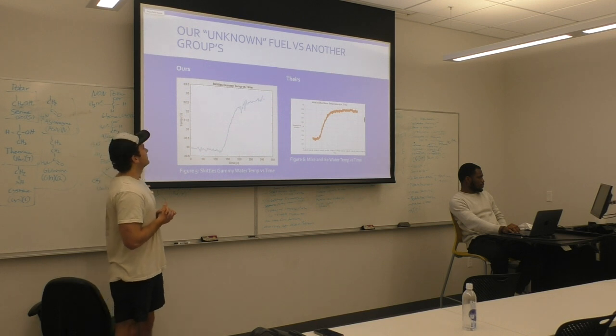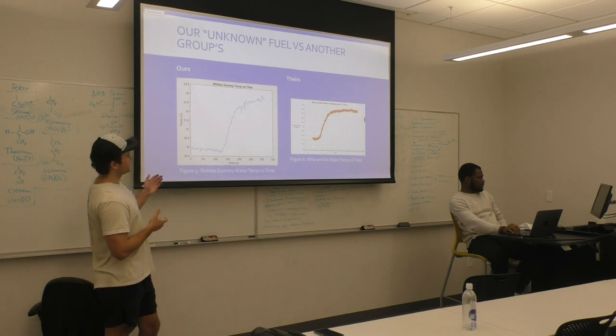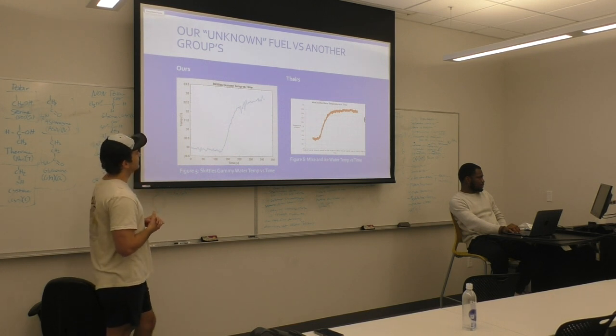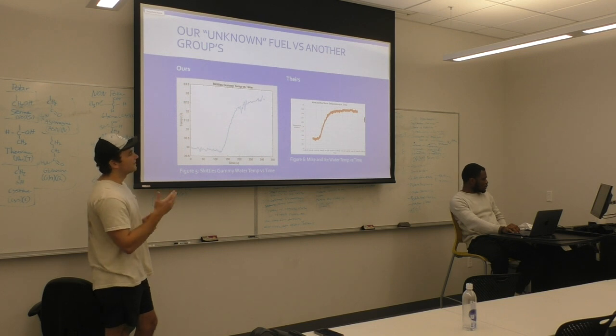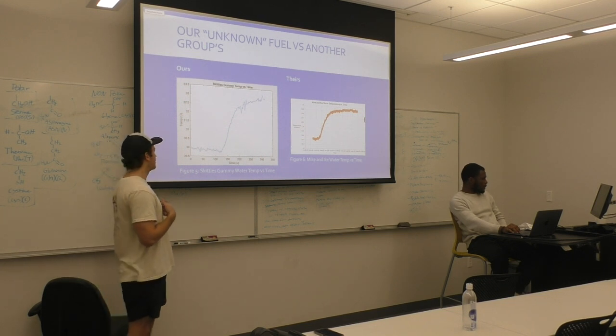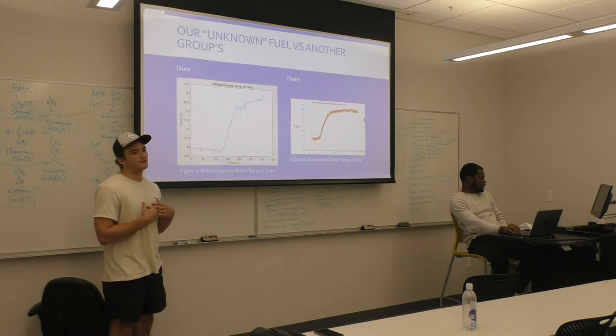Here I noticed some pretty stark differences in our unknown fuel sample versus theirs. Ours was a Skittles gummy, theirs was a Mike and Ike. You can see on the right, on their side, theirs started at about 24 degrees Celsius and ended not even at 26, while we started at 30 degrees Celsius, which is significantly higher.